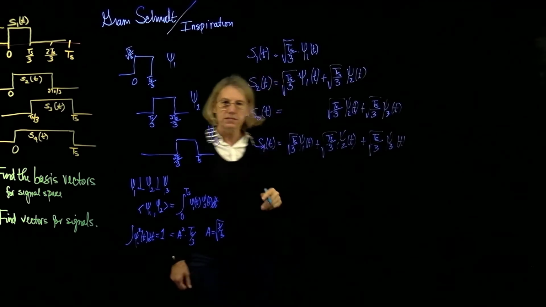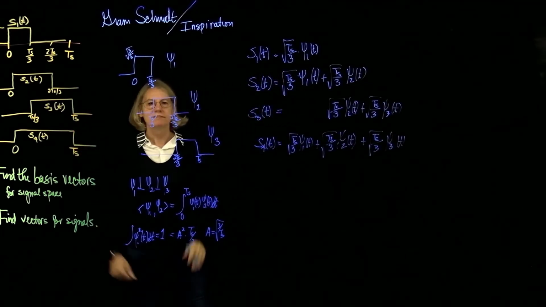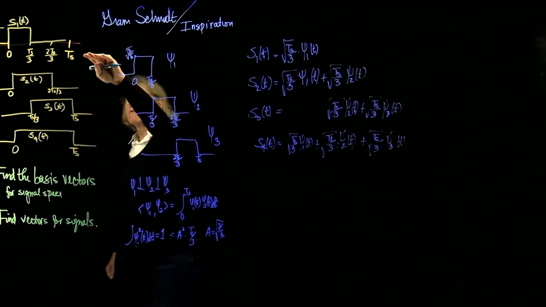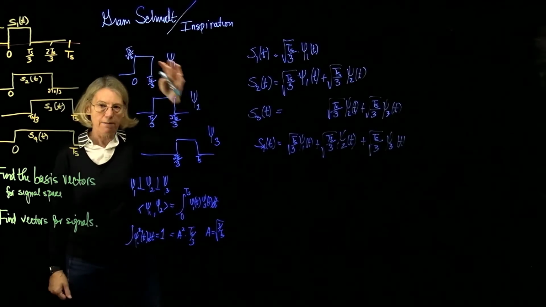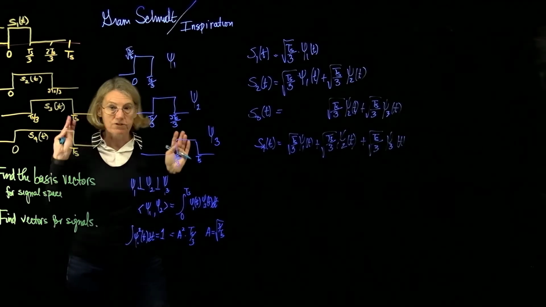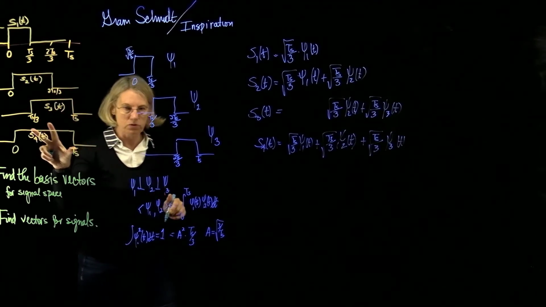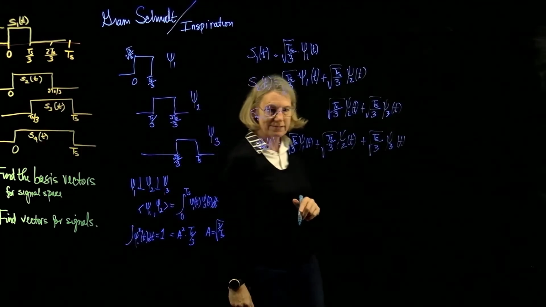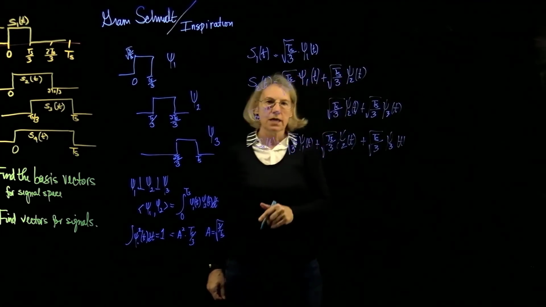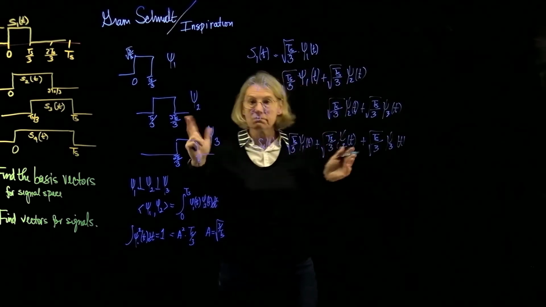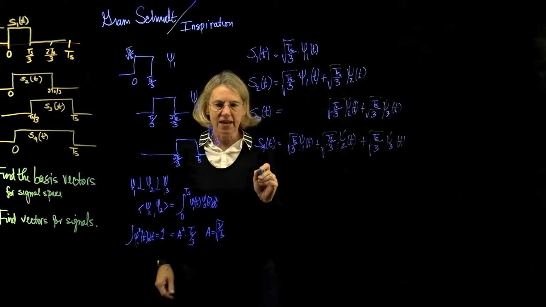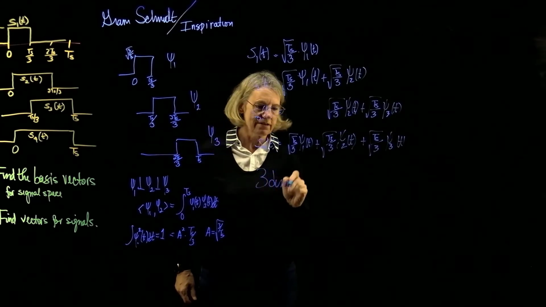So things are looking good so far. I have been able to write all 4 of my signals as a linear combination of my basis vectors. So for sure, I have found a basis for these 4 symbols, and I can represent them in signal space. And first of all, a couple of observations: it's a 3-dimensional space.